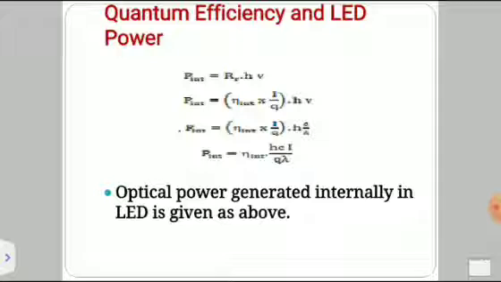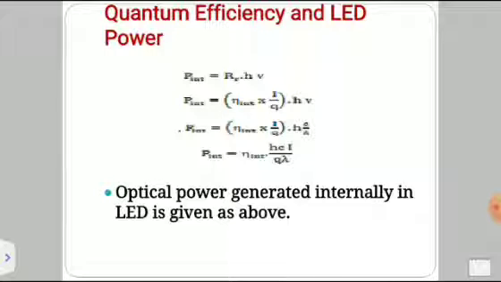Next, simplifying further, the internal power is equal to Rr into hv, that is internal efficiency into I by q into hv. After simplifying, internal efficiency into I by q into h into c by lambda, and then internal efficiency into hcI by q lambda is nothing but the internal power.